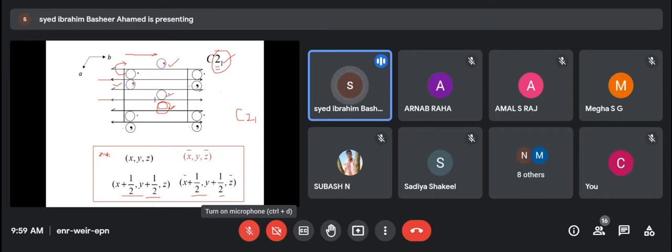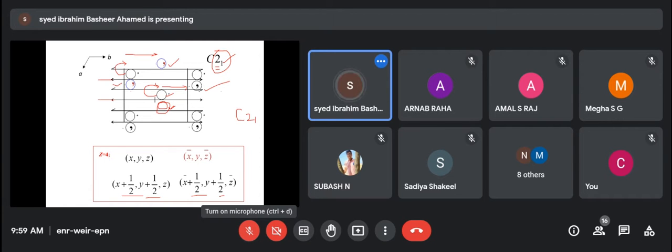Now you have the screw axis here. What will you do? You will rotate twofold, so it will take the molecule here. A half unit translation will bring this one. This and this are equivalent. So if I rotate here and translate here also, you are going to get this one.